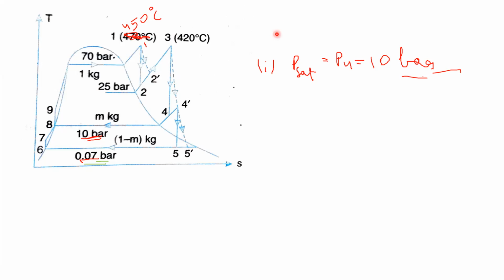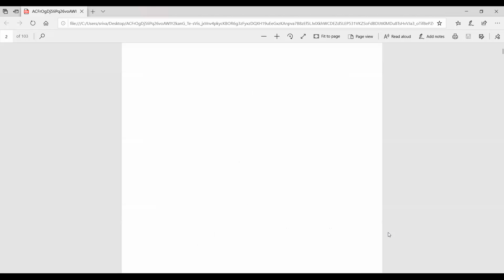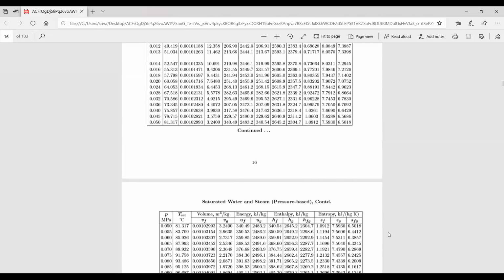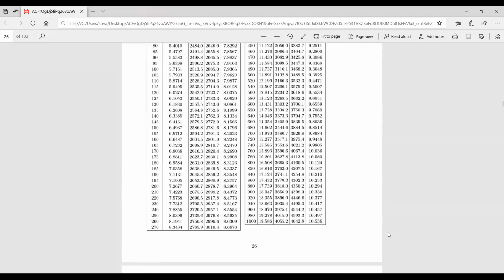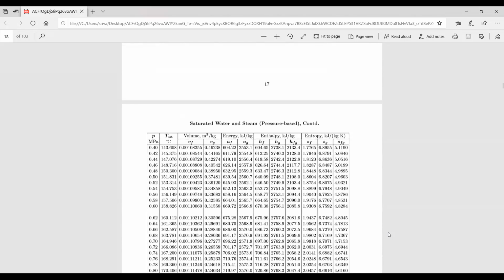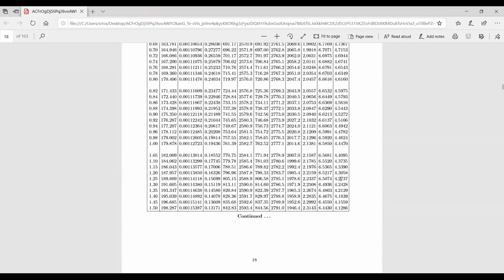Here, at this condition, I only know the pressure, so I'm going to the pressure based tables. I'm going to 10 bar, which is 1.01 megapascal. These are the pressure based tables. At 1 megapascal, these are the values of water.